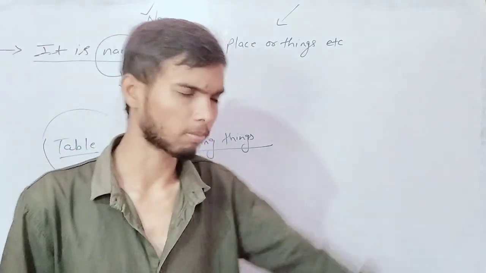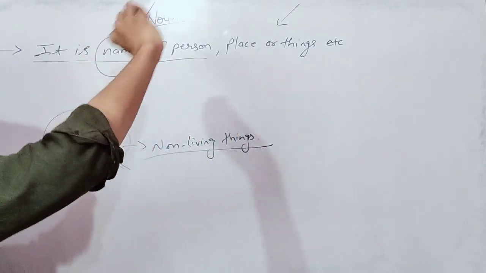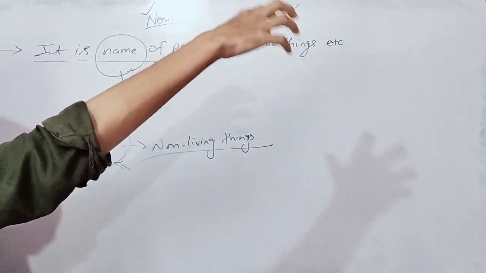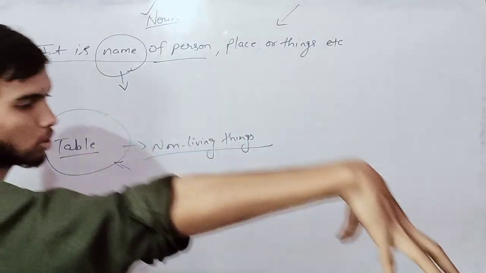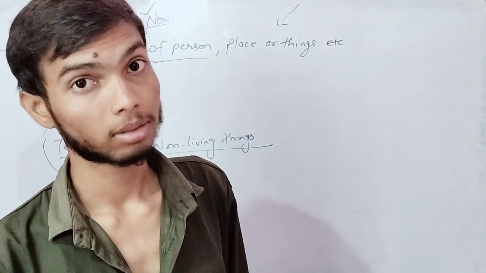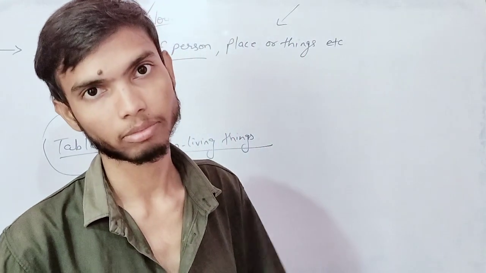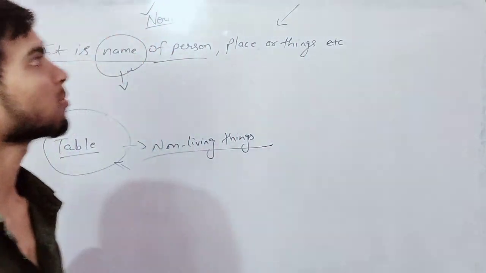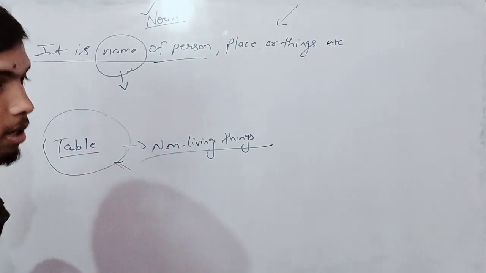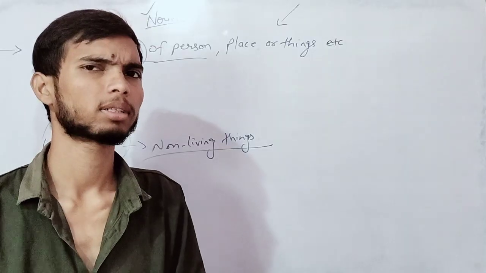Okay, no problem. Person, when I say person, then you are crystal clear that it is a living thing. Now you would say that I should have written animals. You would say yes, you are right.